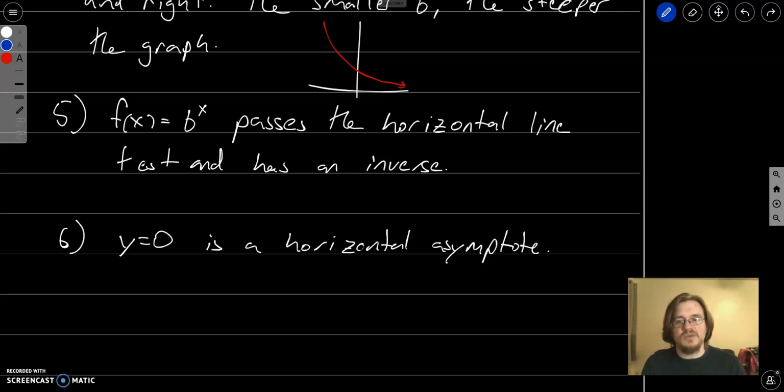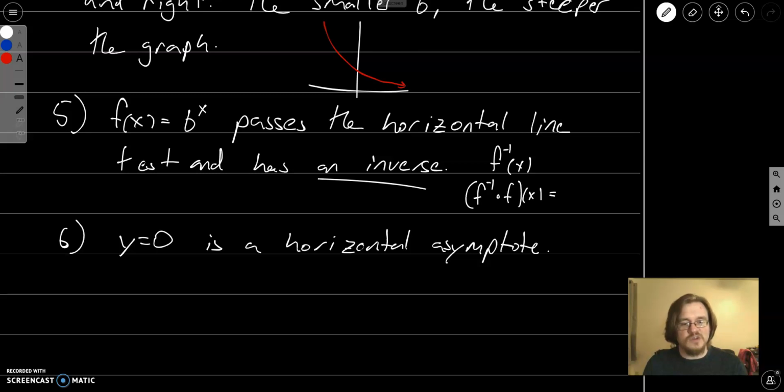And the reason I mention this is because this means that our function has an inverse, meaning that there is another function, f inverse of x, where f inverse composed with f of x is just going to be the straight line x. So this is quite nice. Having an inverse is a very important property, and we'll discuss that inverse in the next couple of sections as well.